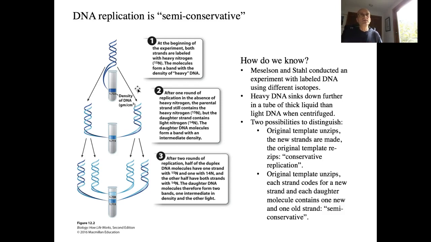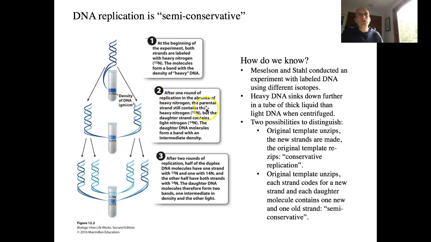And so after one round of replication, in the absence of heavy nitrogen, the parental strand still contains the heavy nitrogen. So they then took them back out and put them in light nitrogen.